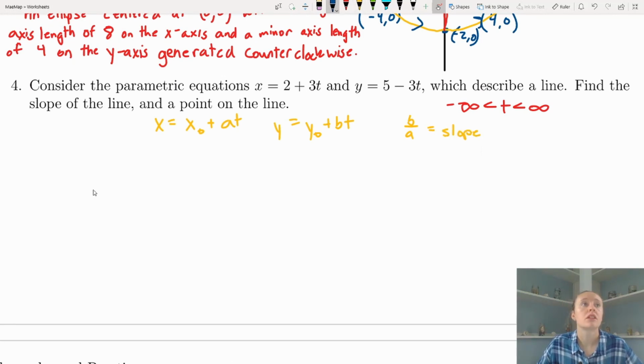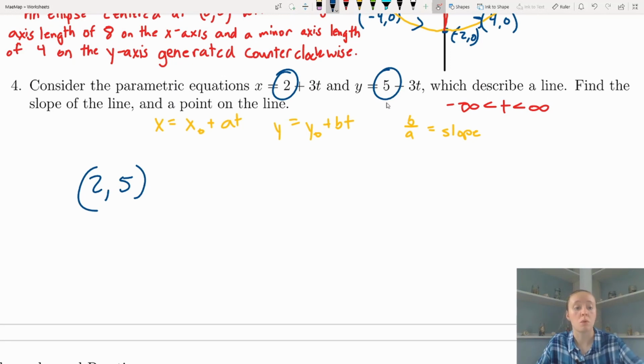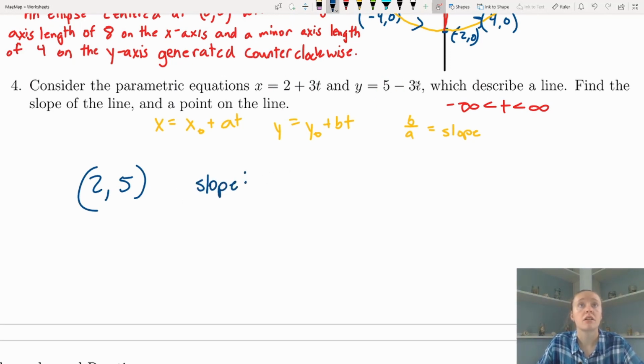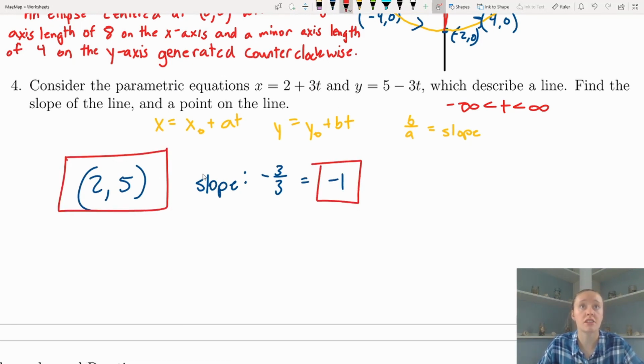So right away, the point on the line is 2, 5, and my slope is b, negative 3, over a, which is a positive 3. Negative 3 over 3 gives me a negative 1. There's my slope, and there's my point.